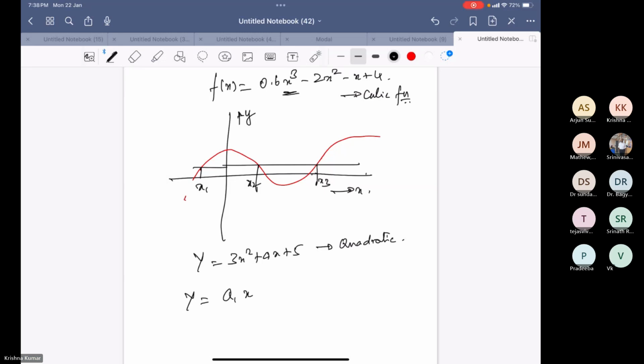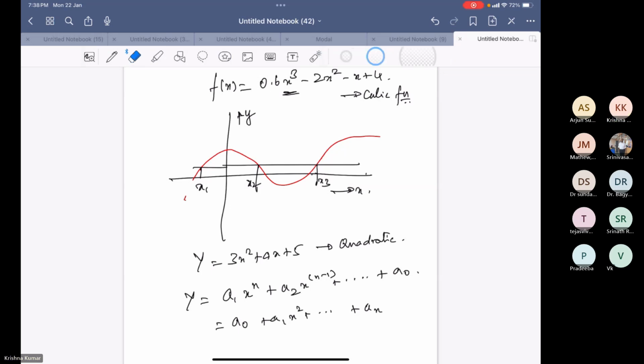a_1 x power n plus a_2 x power n minus 1 plus a naught. Sometimes you write this also the other way, a naught plus a1 x squared, and so on.